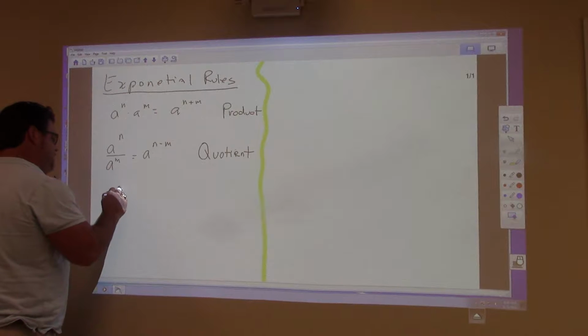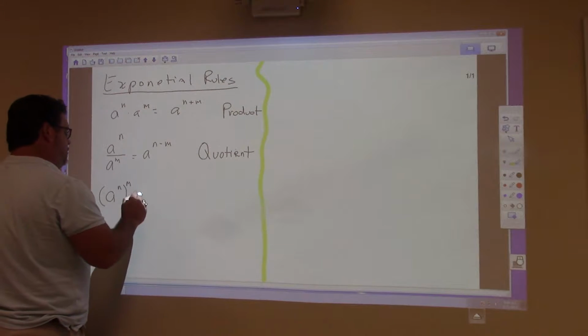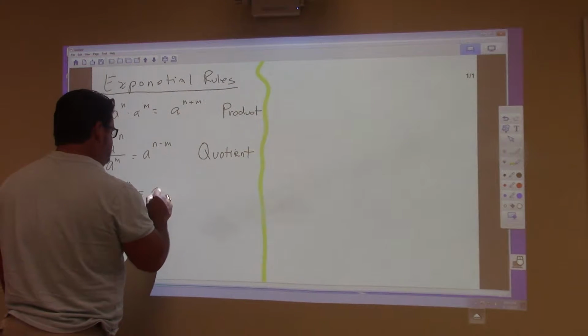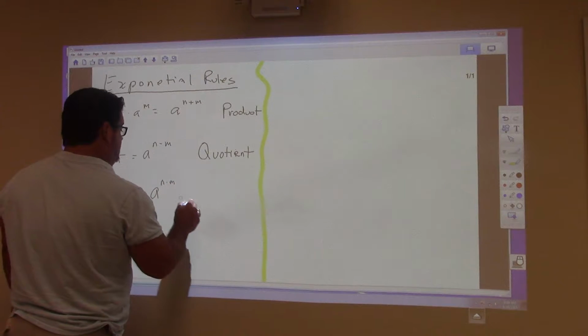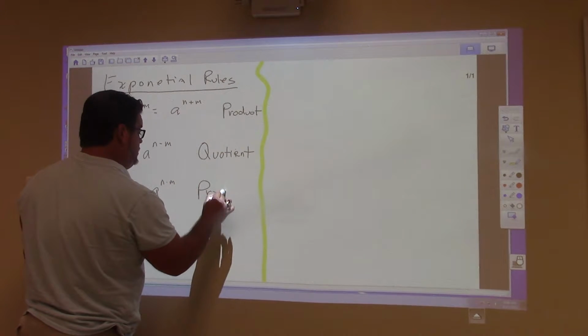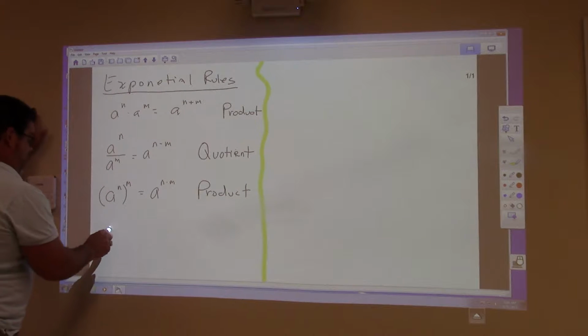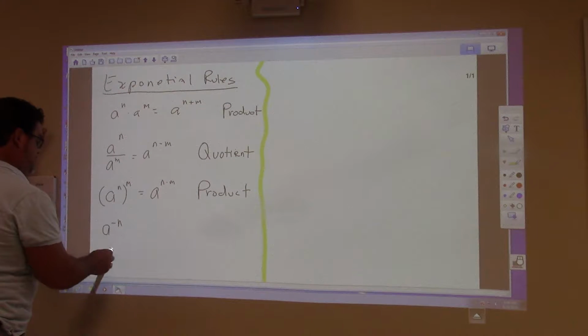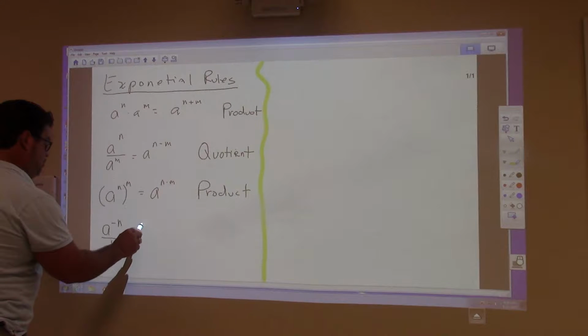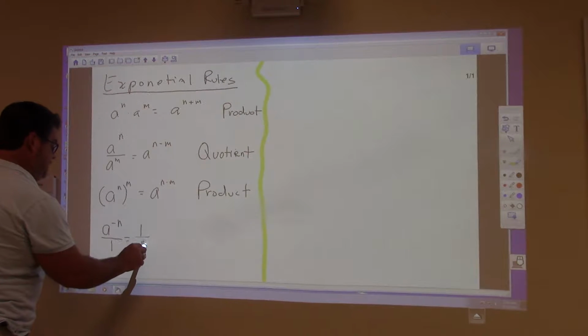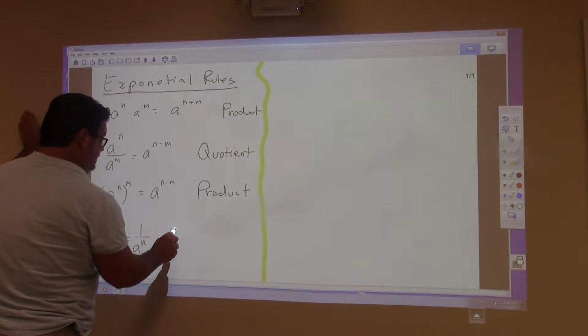A to the n raised to the m power is equal to a to the n times m, which is your product rule. A to the negative n over 1 is equal to 1 over a to the n, which is your inverse rule.